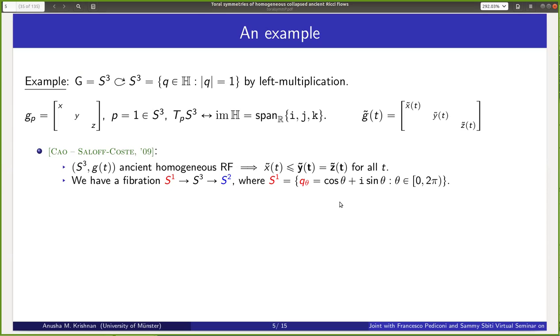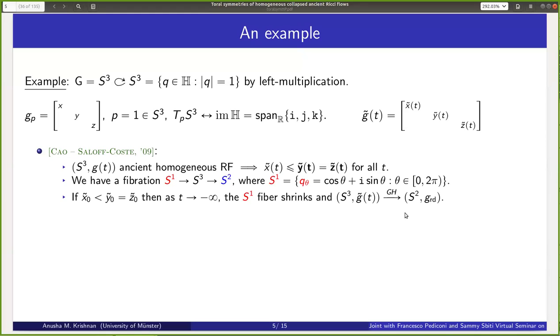It's Einstein, and it evolves just by shrinking. On the other hand, they show that if the smallest eigenvalue is strictly less, then as t goes to negative infinity, the circle fiber shrinks, and in the Gromov-Hausdorff limit, you get a round metric on the base, on the two sphere.